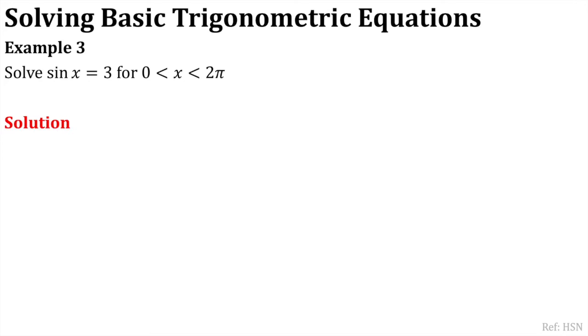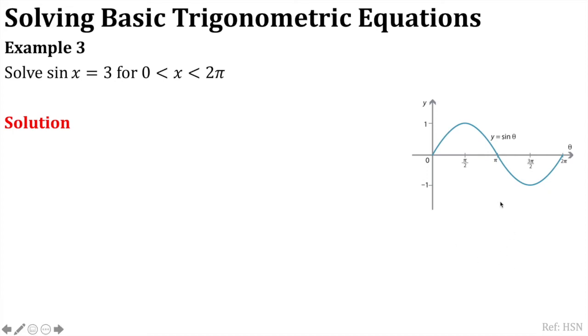Now, if we just think for a wee moment about the graph of y equals sine x, I know this says y equals sine theta, but just a different variable, same curve that we're dealing with here. You can see that that graph lies between -1 and 1, but we're actually looking for y equals 3.